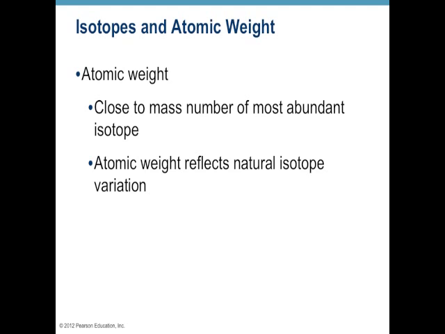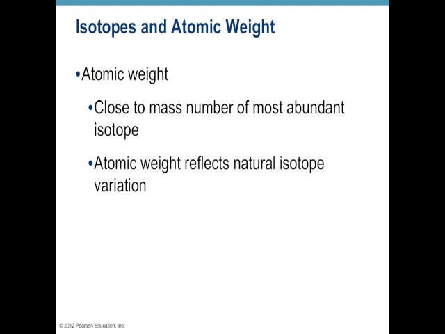The atomic mass of any atom is the sum of the masses of the protons and the neutrons contained in the nucleus. If you look on down, we're going to talk about how atomic mass or atomic weight is directly affected by these neutrons.